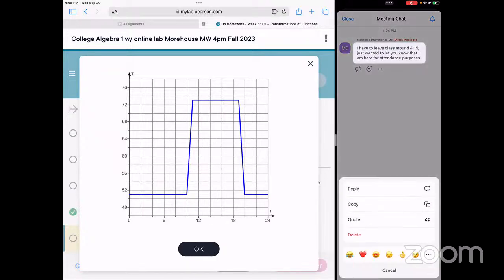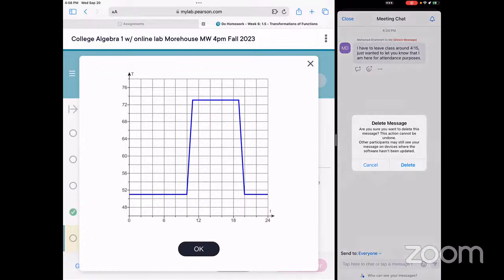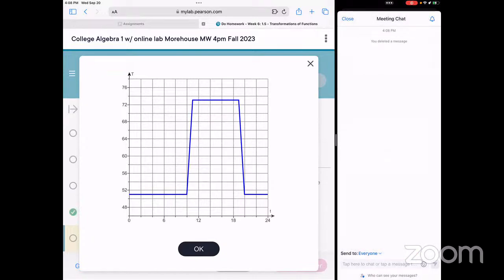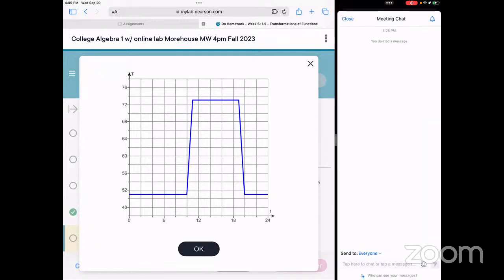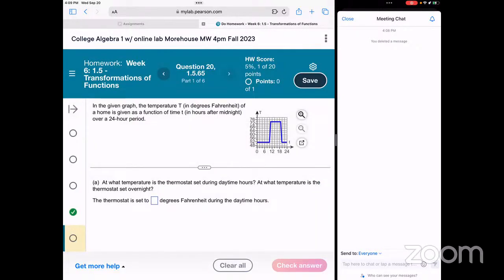So during the daytime, it's a quarter of the way between 72 and 76. So halfway between 72 and 76 is 74. Then halfway between that would be 73. So let's go with 73 degrees Fahrenheit.